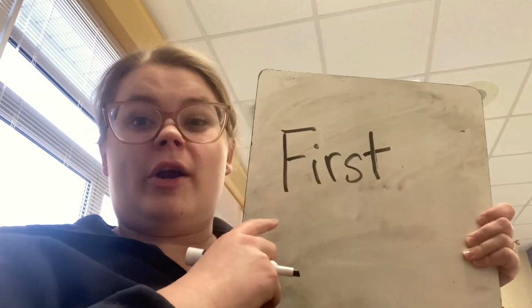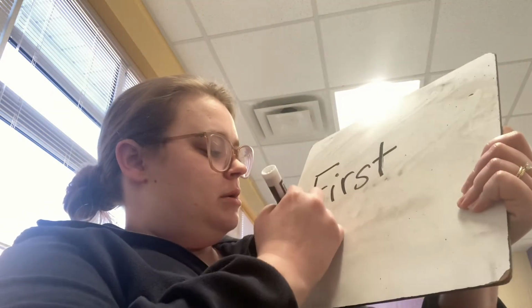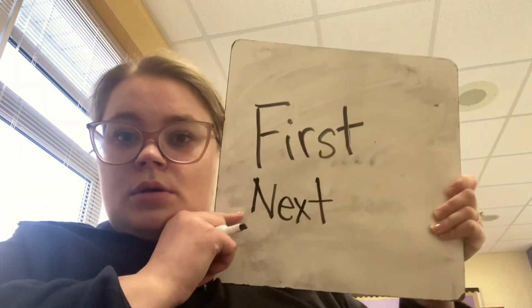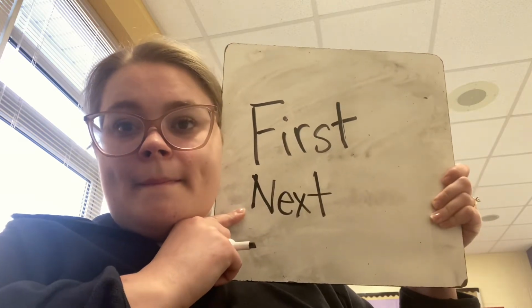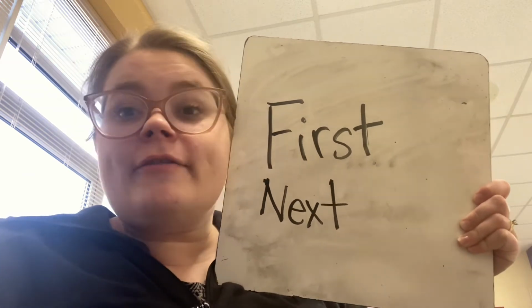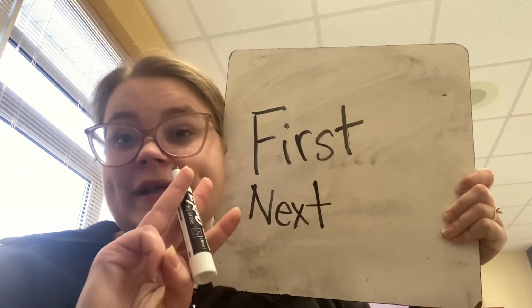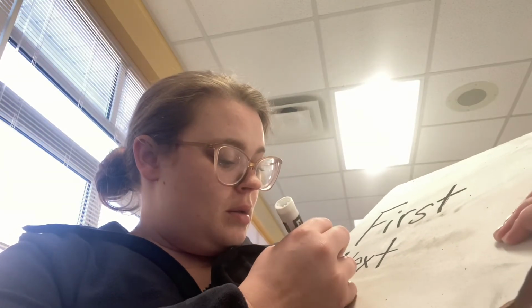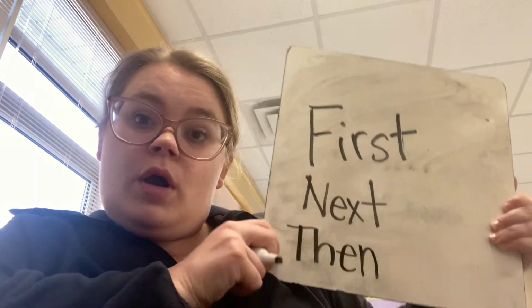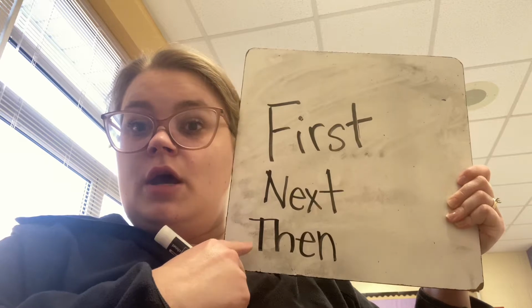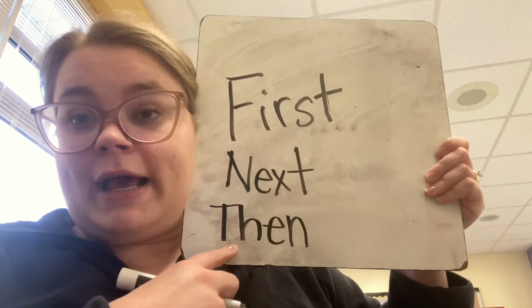So you should have your introduction first, then your first event. Now we're going to write the word next. Next goes before your second event. If you only have 3 events, you're going to skip this part. If you have 4 or more events, you're going to write then before the next event. So first, next, then. You could continue to use then a few times.